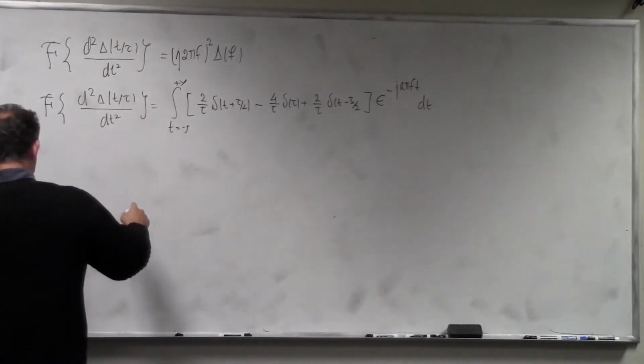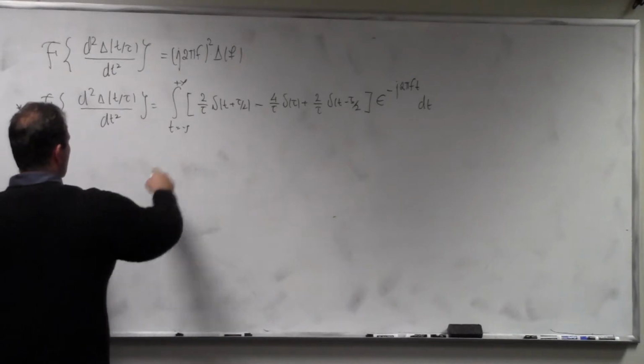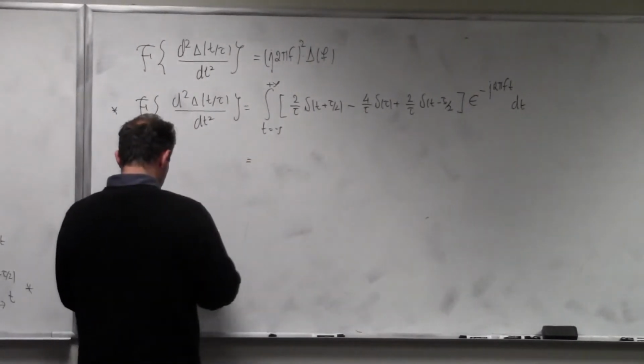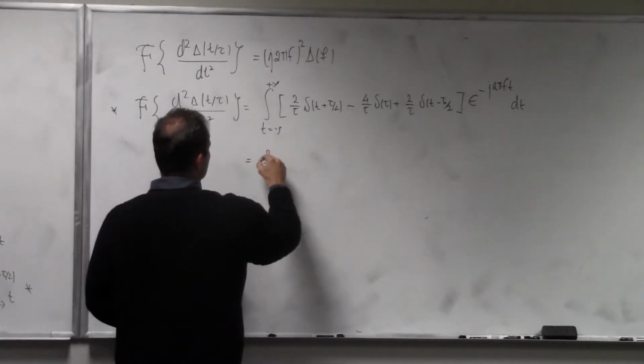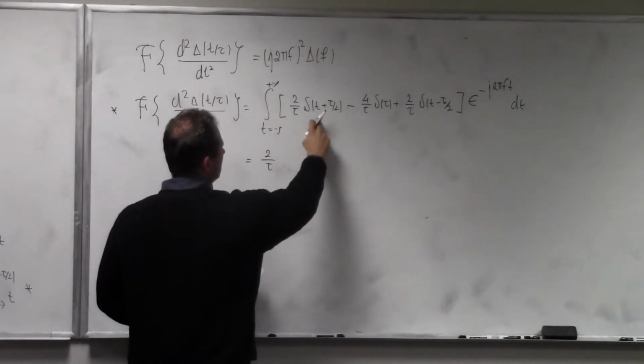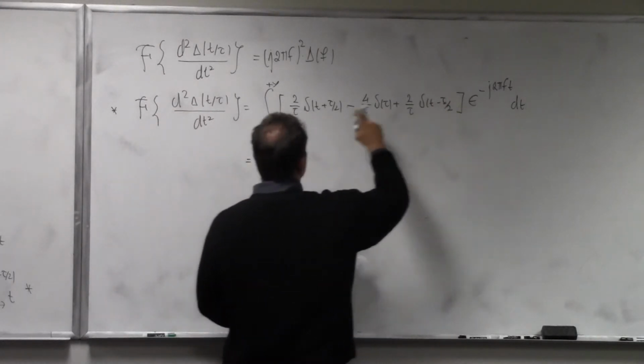The Fourier transform of this thing here is extremely easy. It is 2 over tau, and then evaluate this function at this delta.